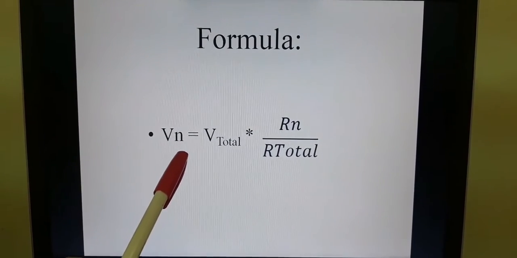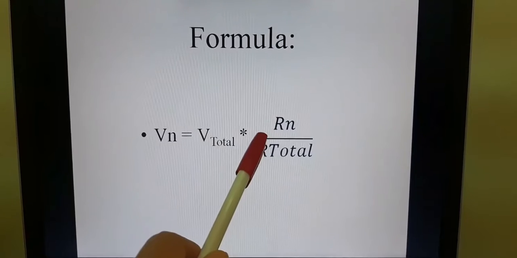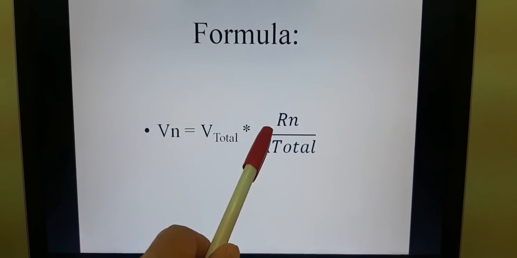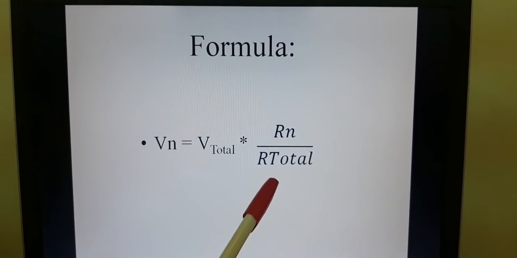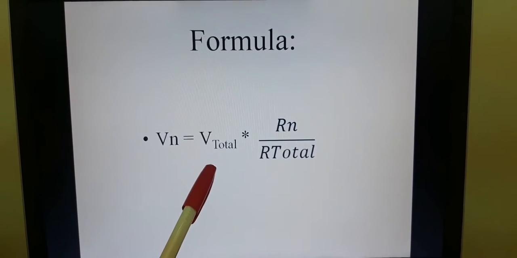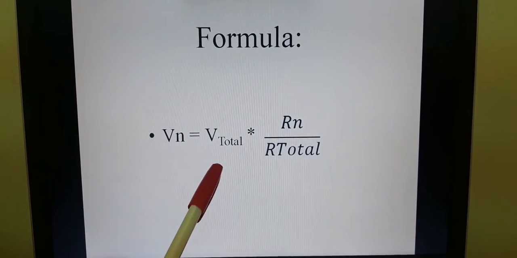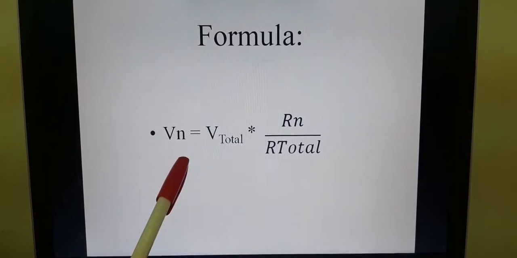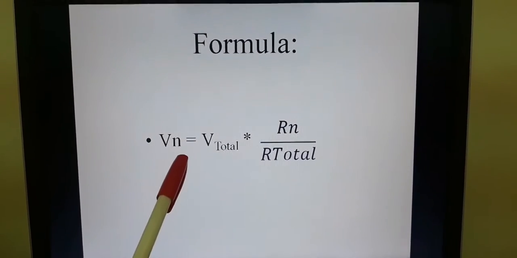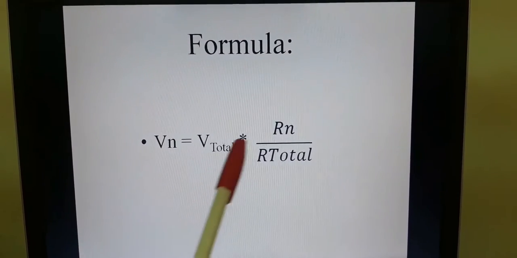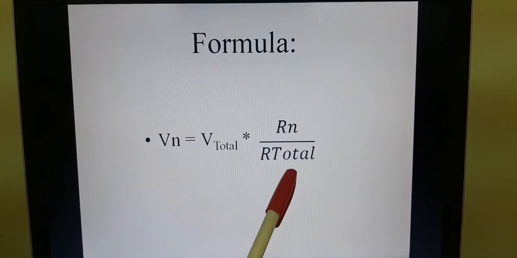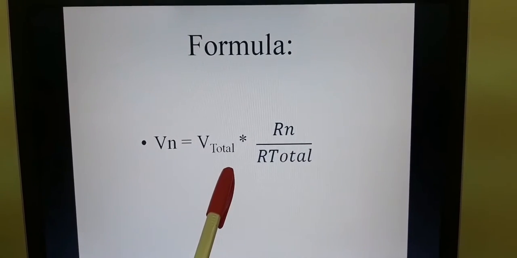So the formula is Rn, which is the specific resistor, divided by total resistance times the total voltage. Like for example, we are going to find out voltage drop in R1. So voltage drop in R1 is equal to R1 divided by total resistance times the total voltage.